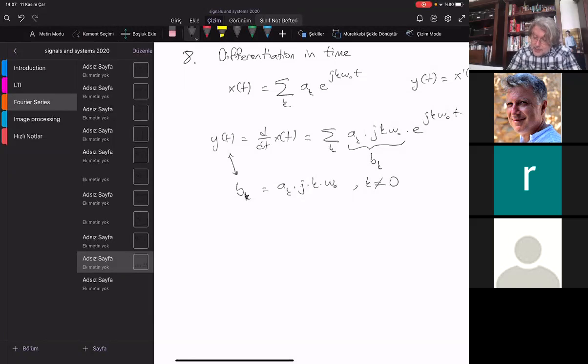And there's also a dual equation for that. If you integrate a signal in time, then you are going to get something like this.